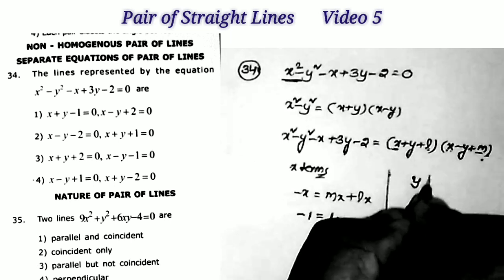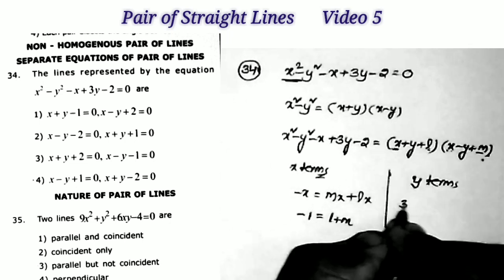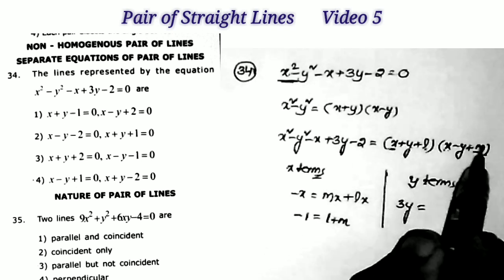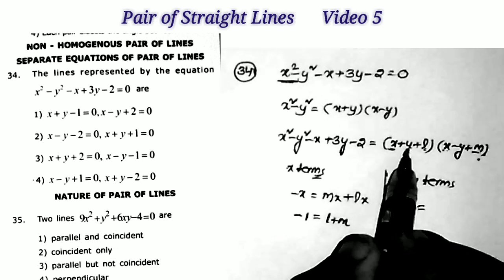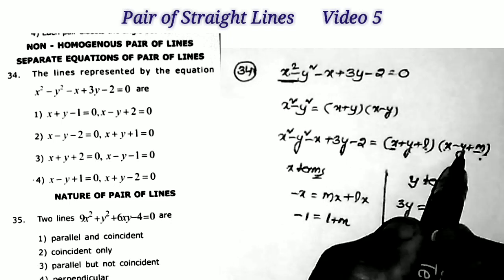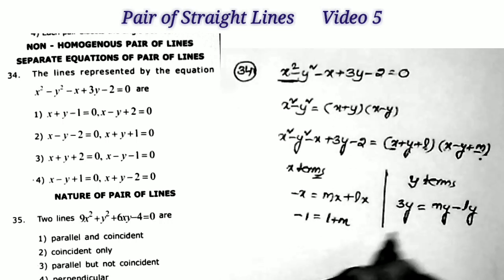Now taking the y terms comparison. What is the y term on this side? 3y. And what are the y terms here? y into constant: y in the first equation with the constant in the second equation, that is my, and y in the second equation with the constant in the first equation, that is minus ly.